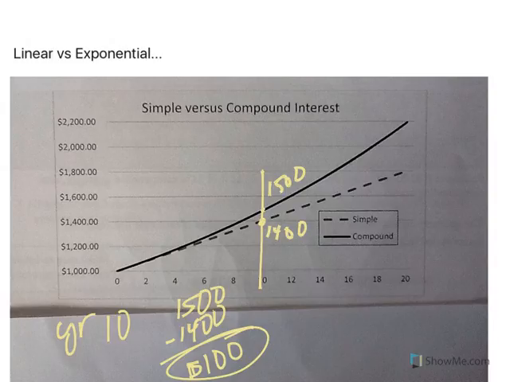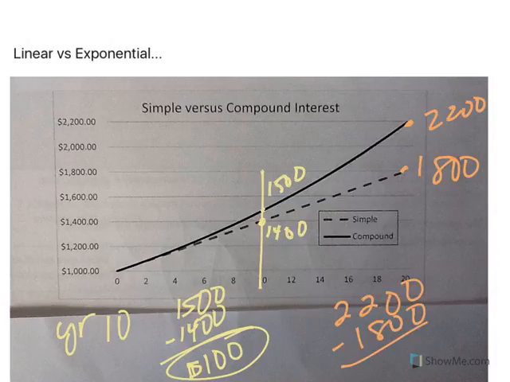Now, at 20 years, which is the end, I would say that simple is close to $1,800, while compound is close to $2,200. So if we take $2,200 minus $1,800, we're going to get a difference of approximately $400.